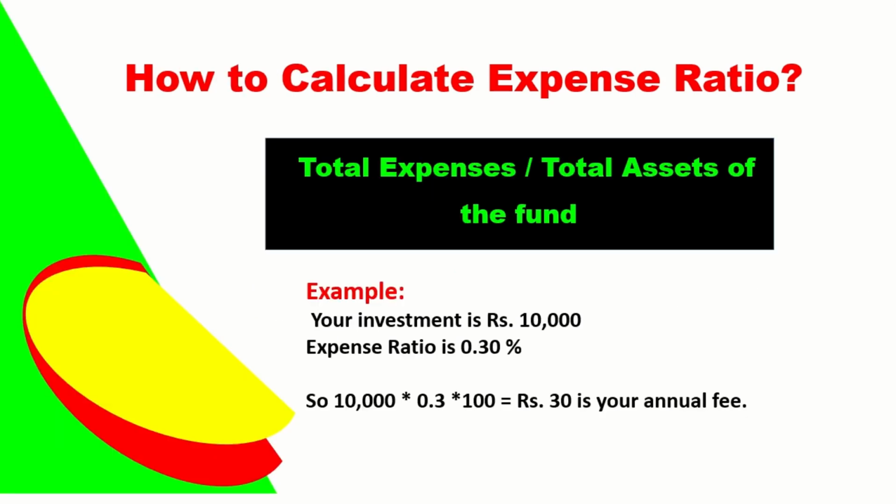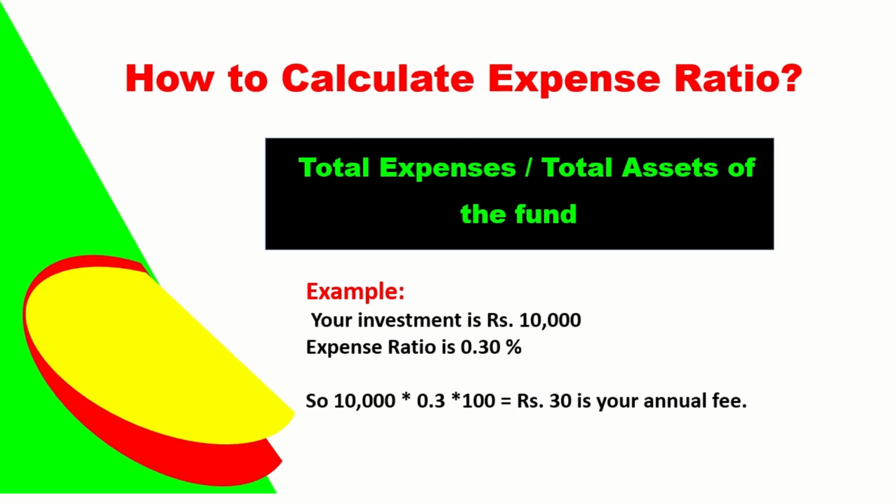So how can we calculate this expense ratio? Total expenses for the particular fund: what are the total expenses incurred? How much did they spend on advertisement to invite investors, how much on software for calculating all the information related to each company's news, how much technology they have used, how many employees they adopted?